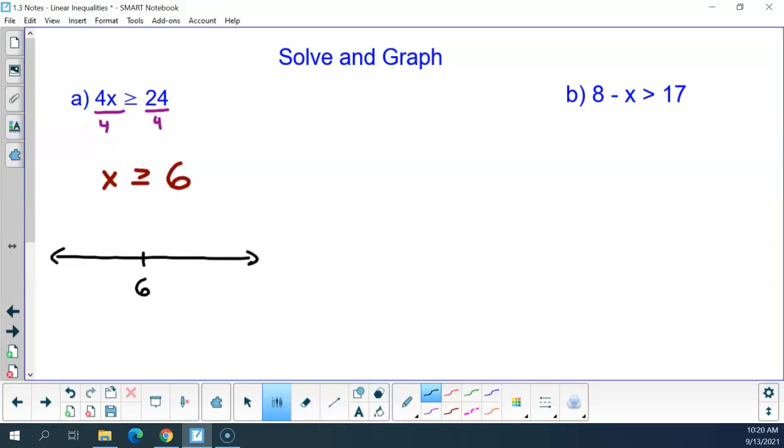Open or closed dot? Closed, because it's got the equals component. Do I want bigger numbers or smaller numbers than 6? Bigger, right? Because the alligator or the crocodile eats the bigger number. So does that mean I'm going left or right with my arrow? Right. Going right.